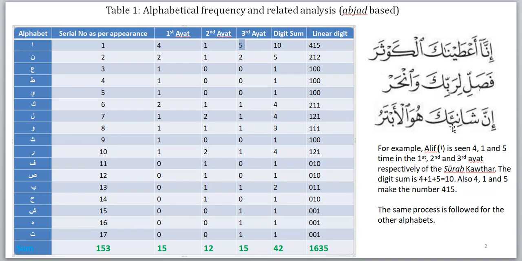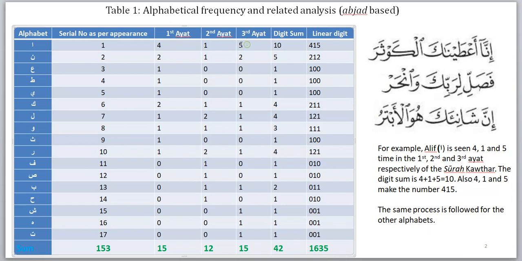So this hamza will be considered as alif. So that is number three alif. Huwal abtar: there is also one alif, that is four alifs, and in huwal abtar there is also one alif, so it will be the fifth alif.